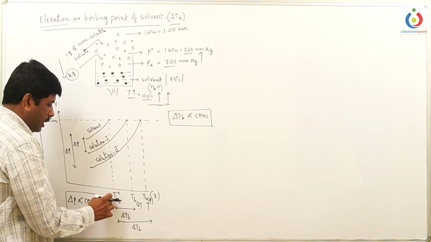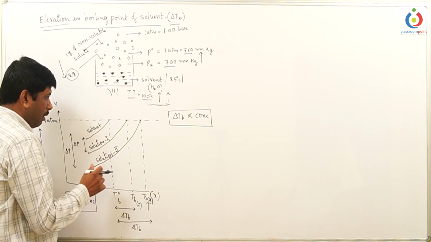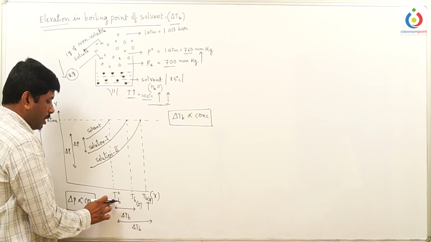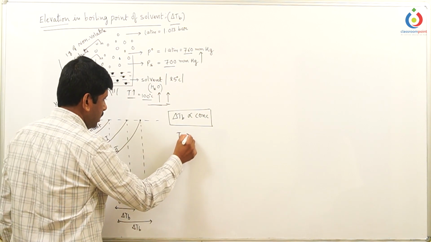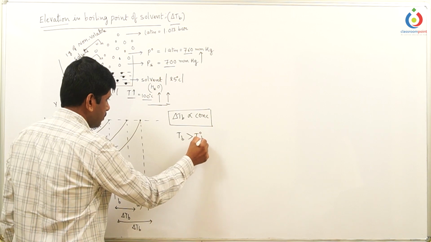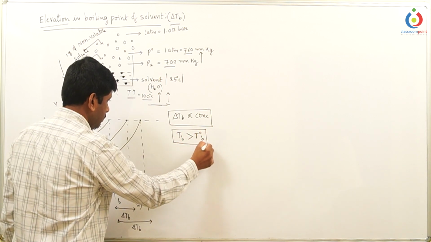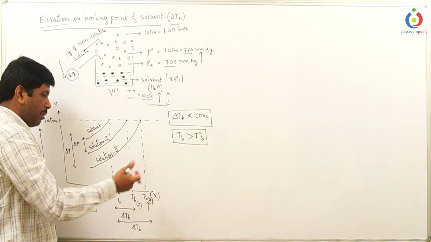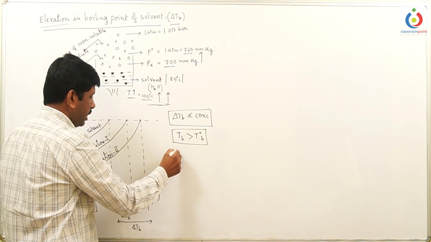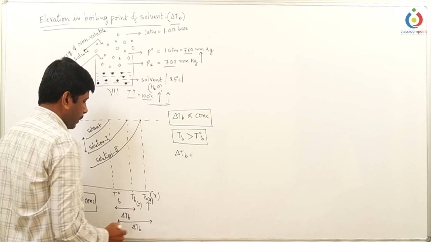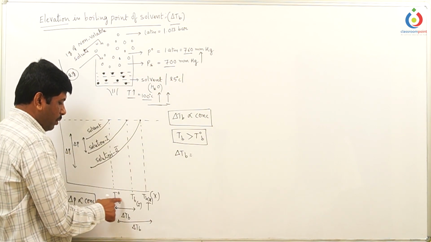But how do we calculate the elevation of boiling point? A solution's boiling point is always more than the solvent's boiling point. So we can write that TB is always greater than T naught B. When concentration increases, the boiling point value also increases. So when you want to calculate the delta TB value, we subtract the lower value from the higher value.